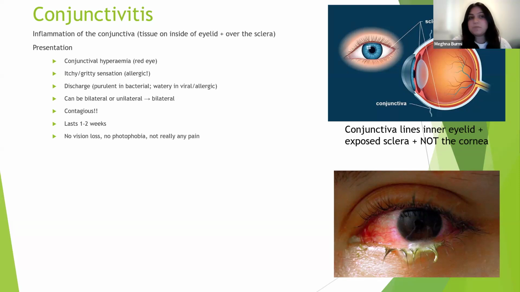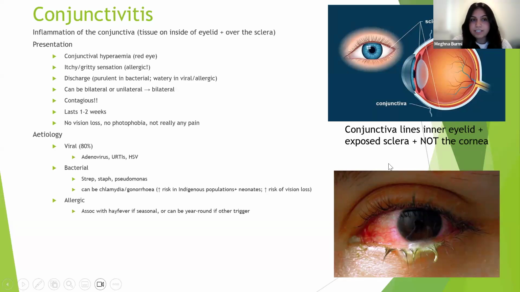And how does it spread? It's really, really contagious. So rubbing your eyes or using a pillow or something can help with the spread of pathogens. Lasts for a few weeks. Importantly, there's no vision loss, no photophobia, not really any pain that should be associated with conjunctivitis.